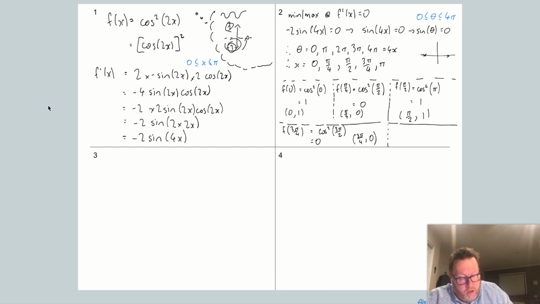And we've then got the last one, which is f of pi, which would equal the square of the cosine of 2 times pi, which is 2 pi. And the cosine of 2 pi is equal to 1. Again, unit circle. 2 pi is all the way around, and it's back to 1 again. And so we have a coordinate of, no, not 2 pi, sorry, but pi, comma, 1.